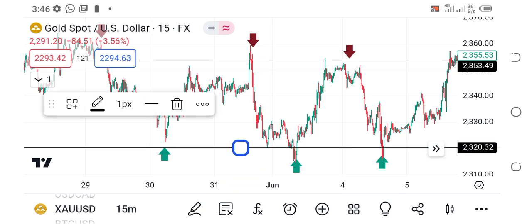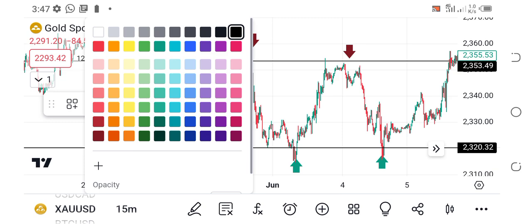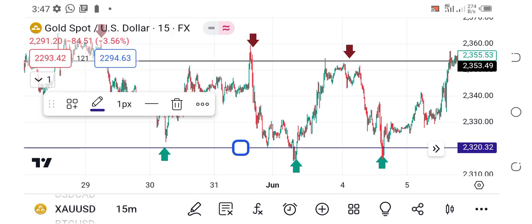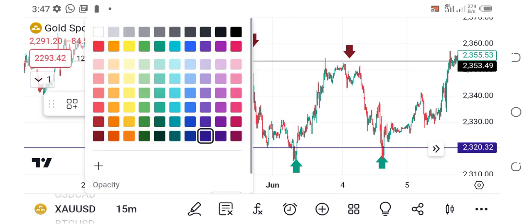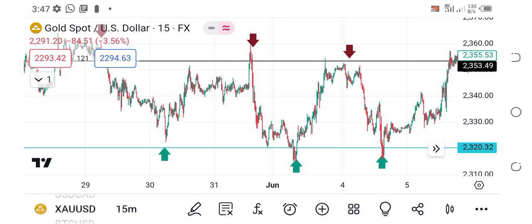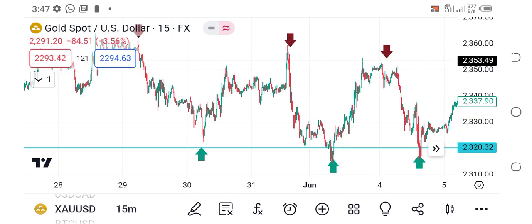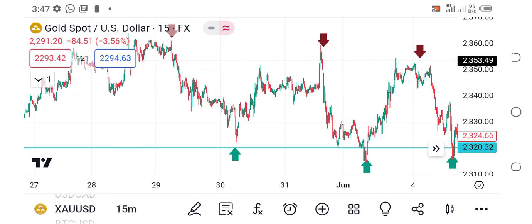Let me change the color. So the blue line here is the support level, while the black line is the resistance level. And you see what happens whenever price gets to the resistance level, it tends to reverse back.